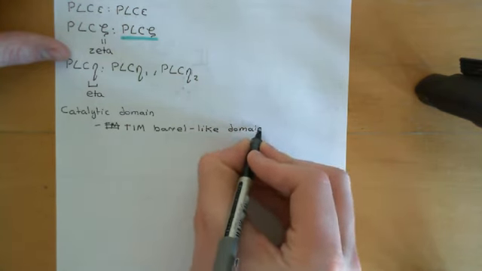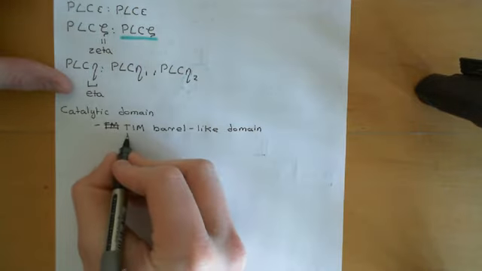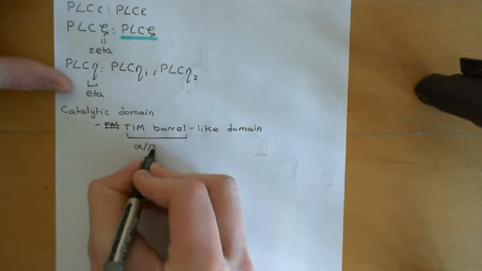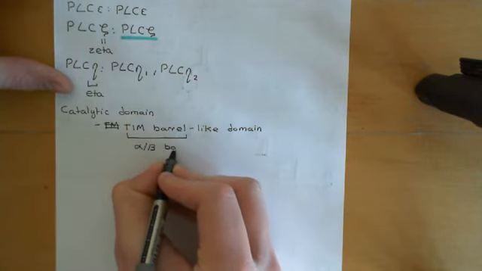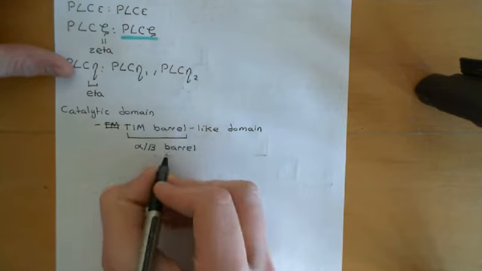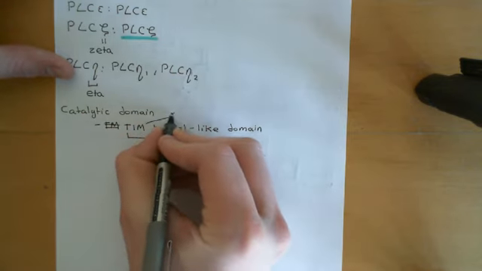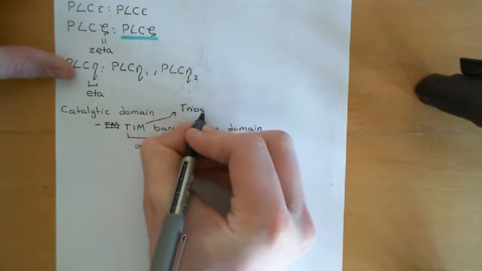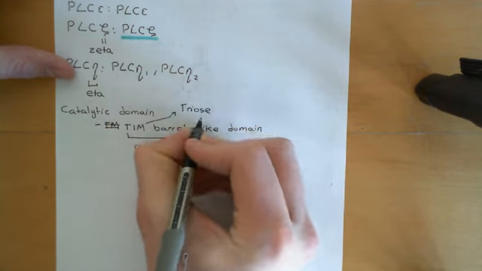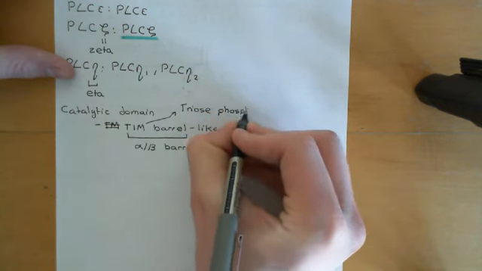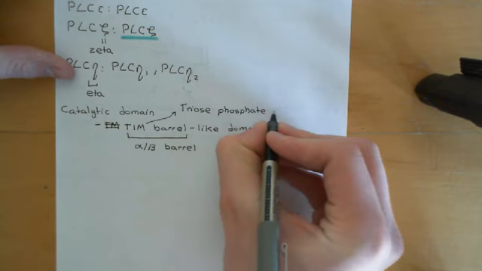A TIM barrel domain can also be called an alpha-beta barrel, and it's made by alternating alpha helices and beta sheets, as I'll show you in a moment. The reason it's also called a TIM barrel is because one of these structures is found in a very important enzyme, triose phosphate isomerase, which is really important in glycolysis.